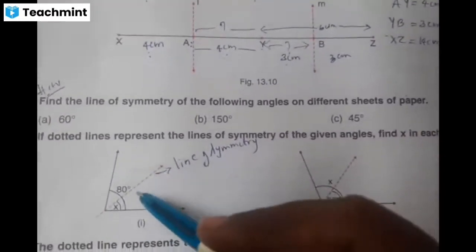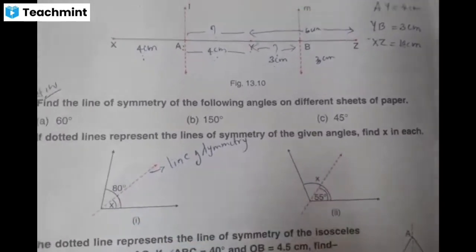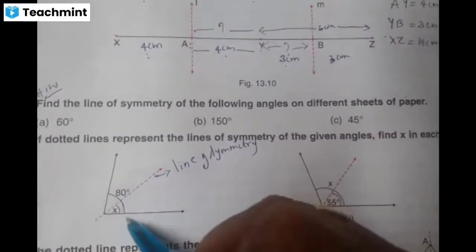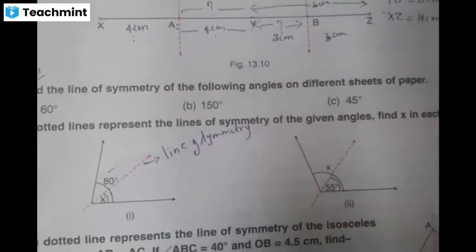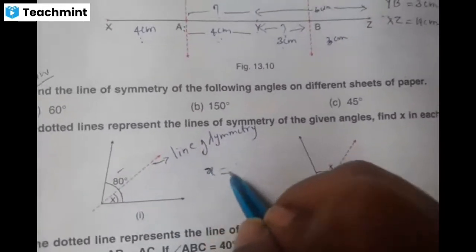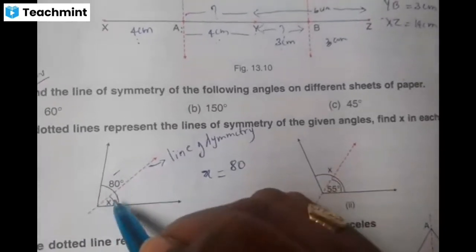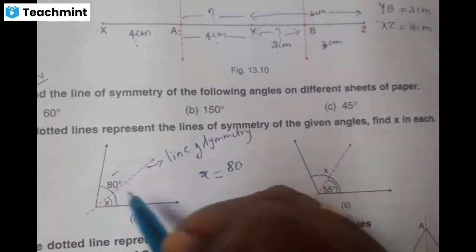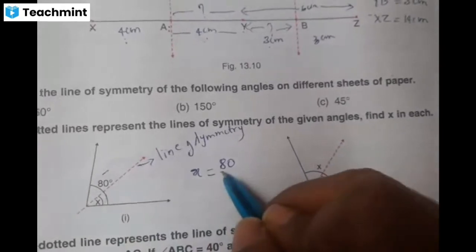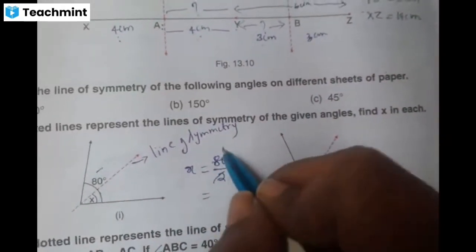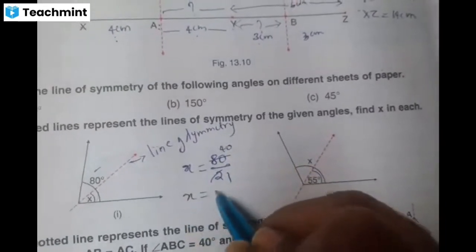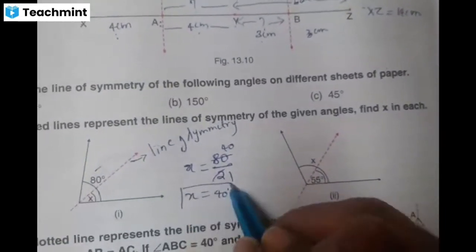It divides the given angle into two equal halves. Now here the total angle is given as 80 degree. To find x, what do we do? x is equal to half of this. Half of 80 will be x. So 80 into 1 by 2, or 80 by 2, we do. 2 ones are 2, 2 fours are 8, so 40. Therefore x is equal to 40 degree.